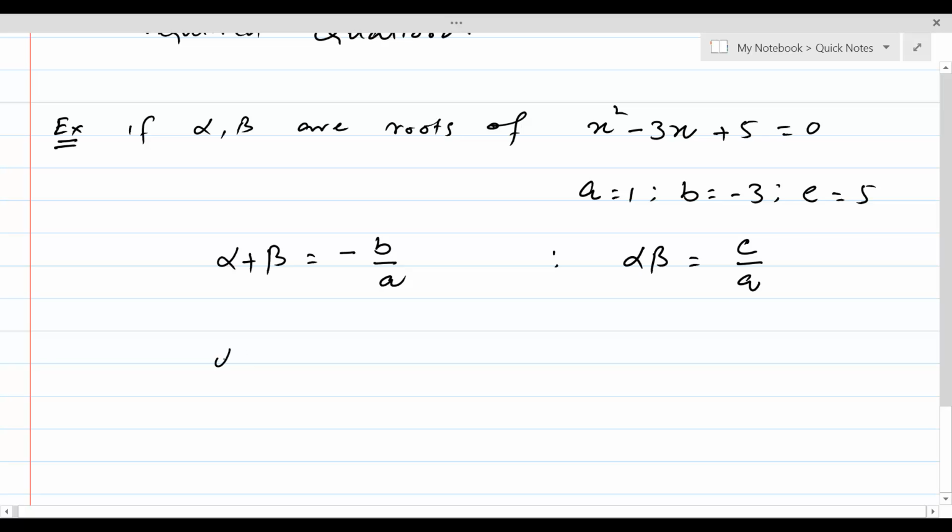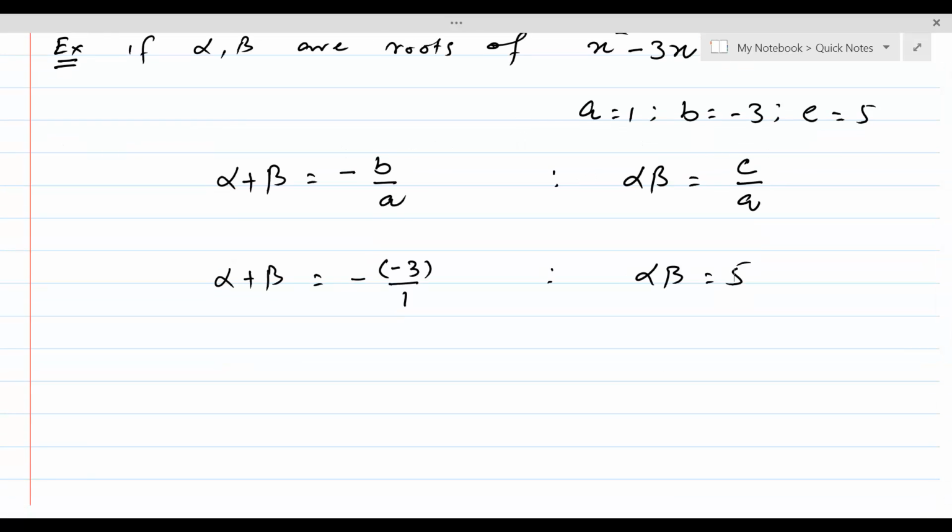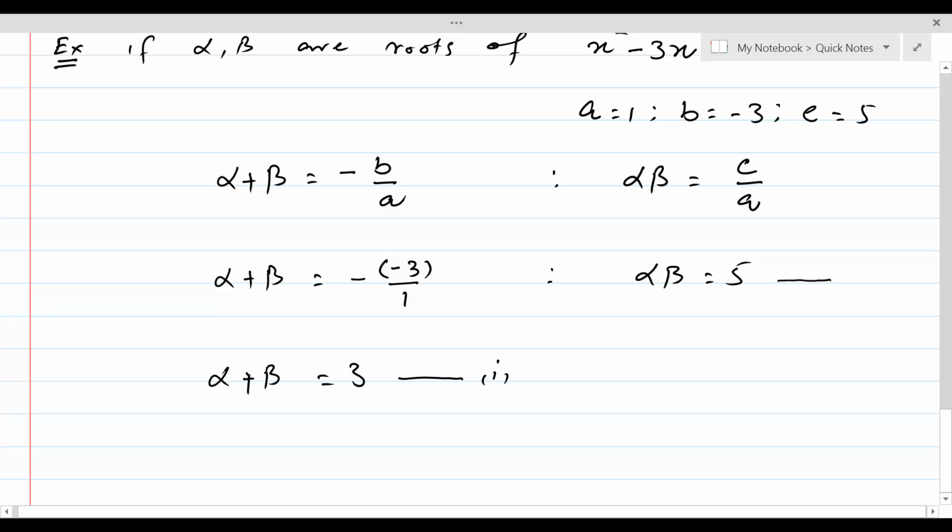This means alpha plus beta is equal to minus 3 over 1, and alpha into beta is equal to 5. So alpha plus beta is equal to 3. Let's call this as equation number 1, and let's call this as equation number 2.